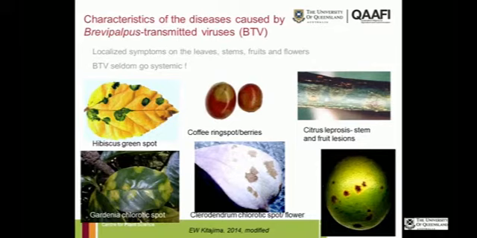So this is hibiscus green spot virus. There's coffee ringspot virus in coffee berries, citrus leprosis, and in most cases they cause quite unique lesions on the plants. There are ornamental trees, various orchids, and here lesions on a citrus fruit.